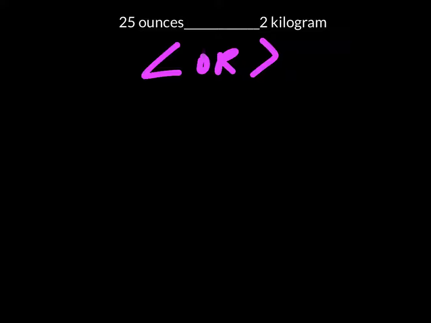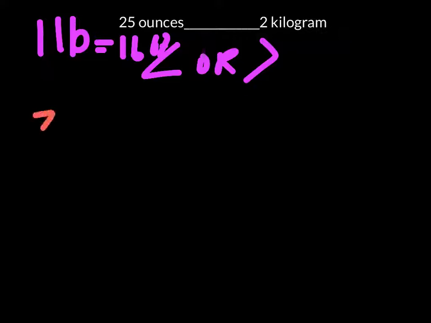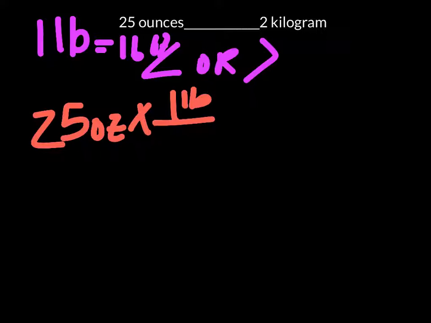Let me just tell you right now that 1 pound equals 16 ounces. So we're going to make it easier and convert all of it in one problem. We're going to take 25 ounces and multiply it against 1 pound over 16 ounces, so that we can turn it into pounds.